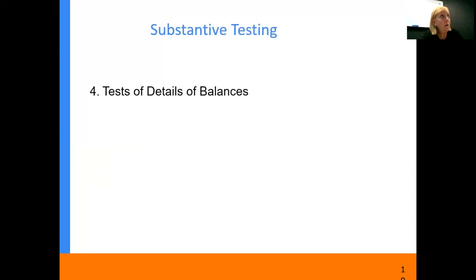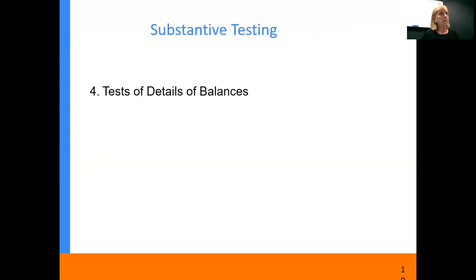So if I had a low level of control risk, I think controls are good, and then I go through my substantive tests of transactions and find out there are lots of mistakes, lots of errors occurring, then something's wrong. Some controls aren't working. Some of them might be working, but others aren't. But I can't rely on what's going through the system. And whenever that's the case, we go to the tests of details of balances and decide, have I planned enough tests of details of balances to give me this level of planned detection risk?